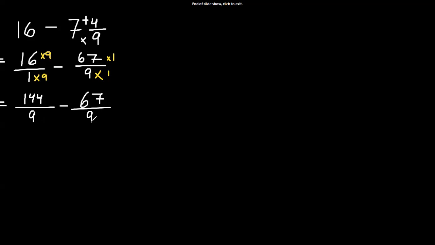So we say 144 minus 67 is going to be what? 77. 77 over 9. How many times does 9 go into 77?